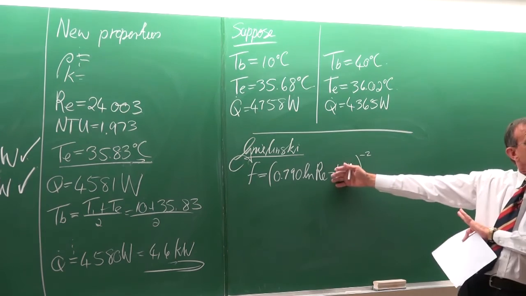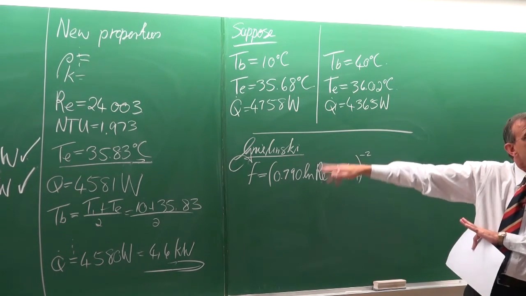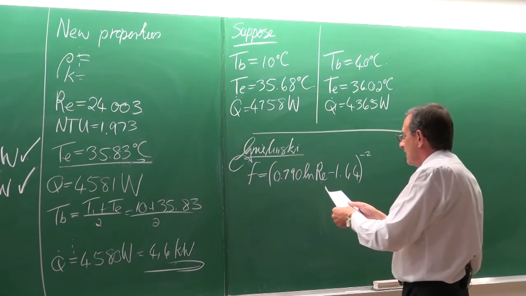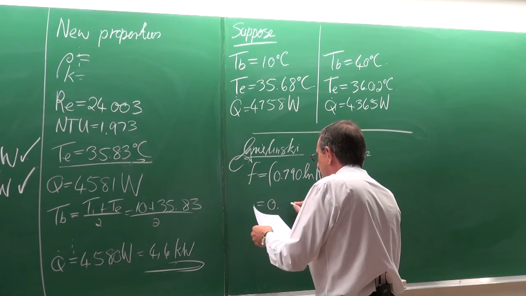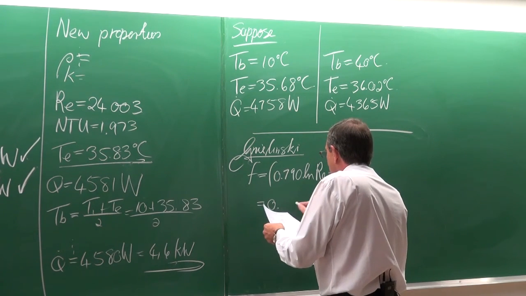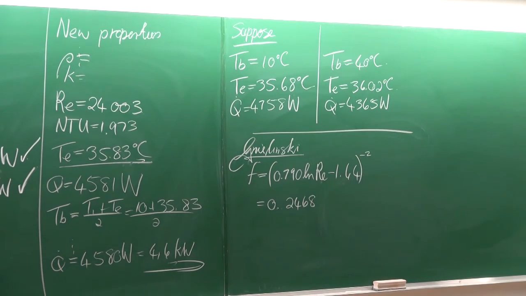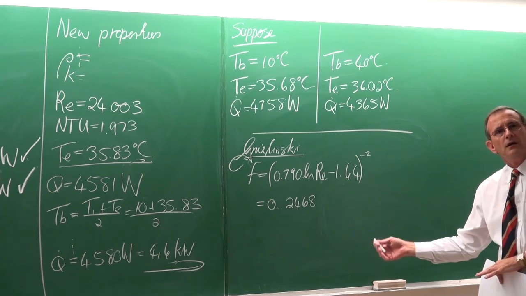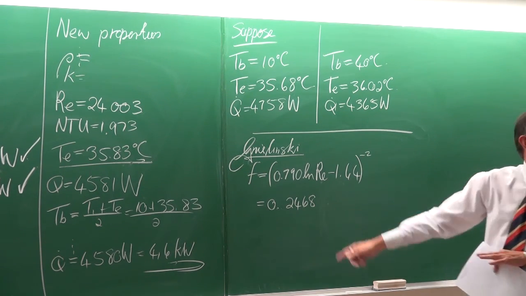Because we're running out of time, I'm not going to put in the values, but you just have to put in the Reynolds number, which we've got, and then you can calculate the friction factor. The friction factor is equal to 0.2468. Okay, there's a friction factor. I've done this on purpose. This value is incorrect.